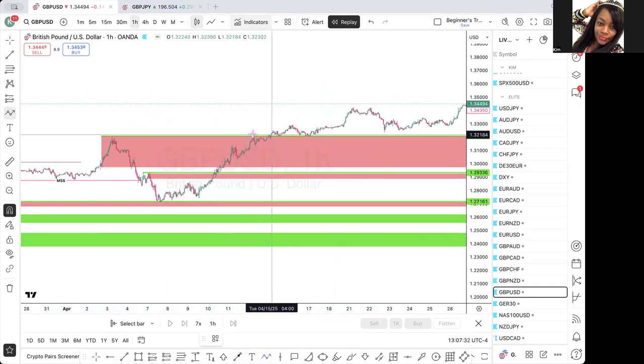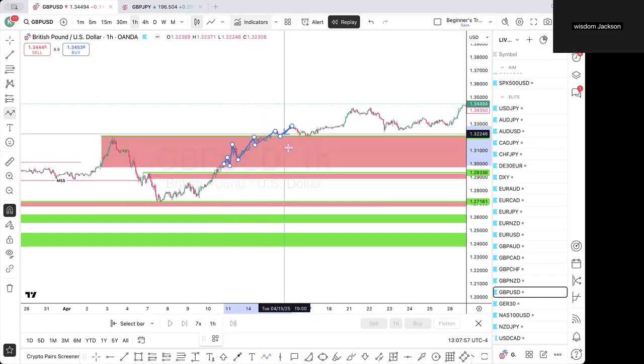Meaning, once price got to this zone, you had this push up, this pull back, this push up, this pull back, this push up. Price never shifted structure in this zone.